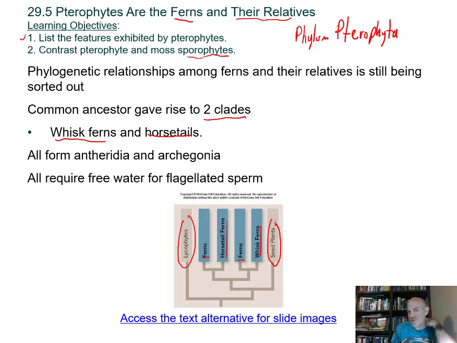Now, when it comes to the pterophytes, the ferns and their relatives, they do have antheridia and archegonia. Remember, antheridia are the structures where sperm are produced, and archegonia are where eggs are produced. These are organs of the gametophyte generation.